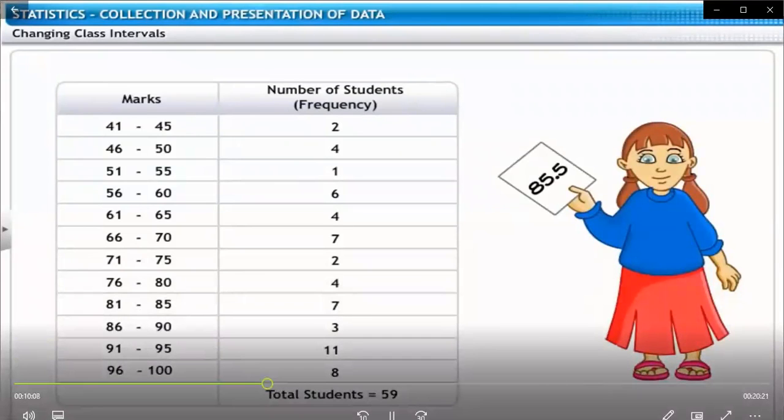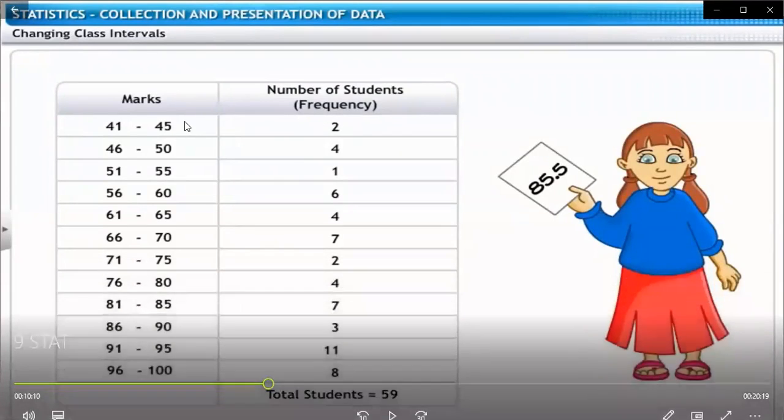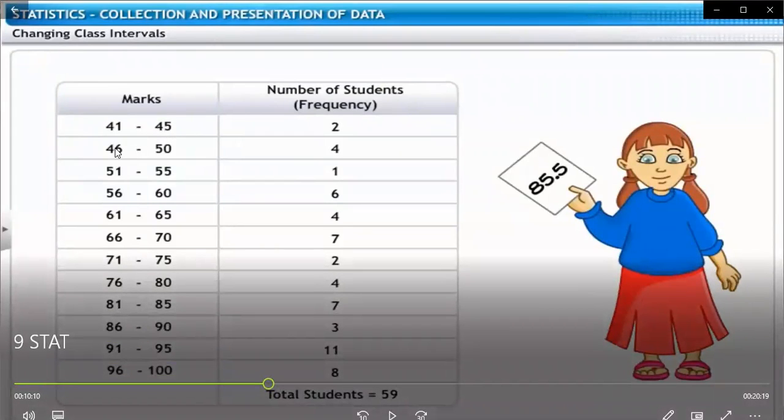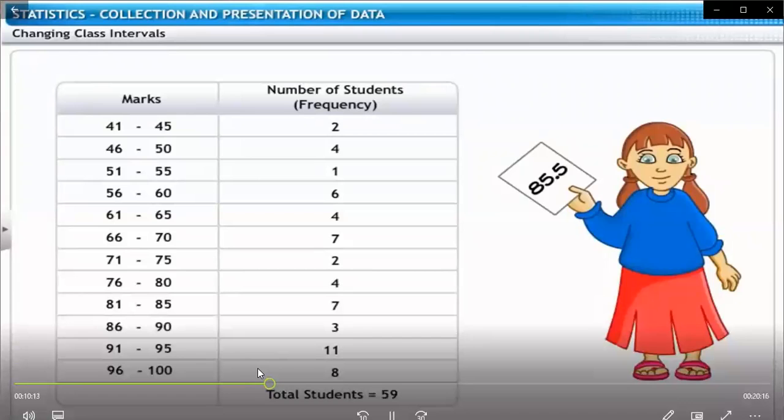For example, if some students score marks in the range 41 to 45, we can easily put them in the first row. But if someone scores 45.5 or 45.7, between 45 and 46, no specific class interval exists for that mark. So in that case, we have to change this table, and let's see how it is done.